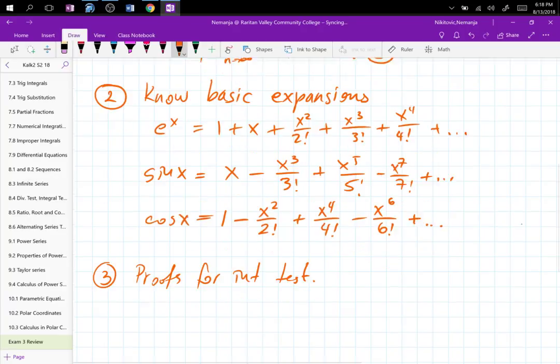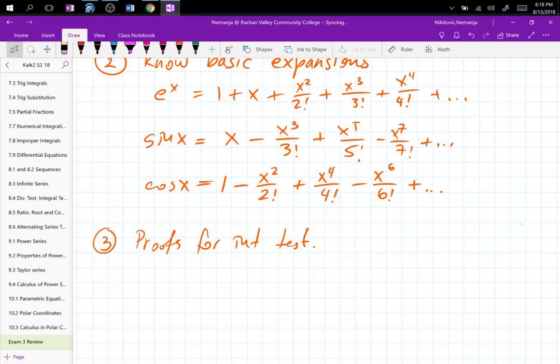Now, if the problem says use integral test, well, in that case, the proofs are implied. If the problem says solve or test for convergence, and you think that the integral test is the one, you have to do all 3 proofs. So this is something that you have to be very careful about, right?